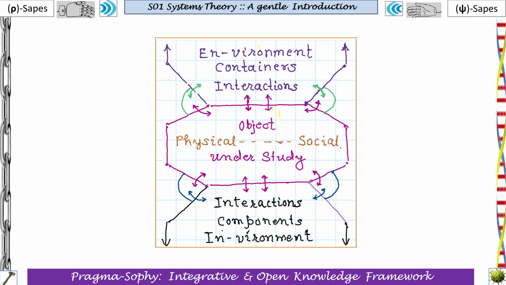Systems theory is a way of helping us to see and understand these links across every domain of life and knowledge. At its core, a theory is like a map.